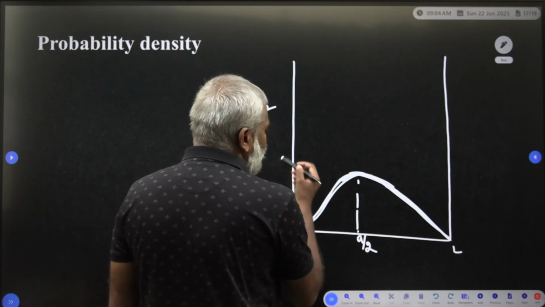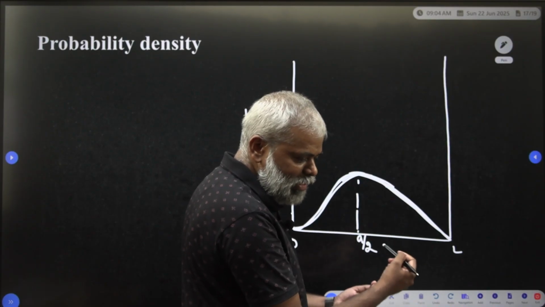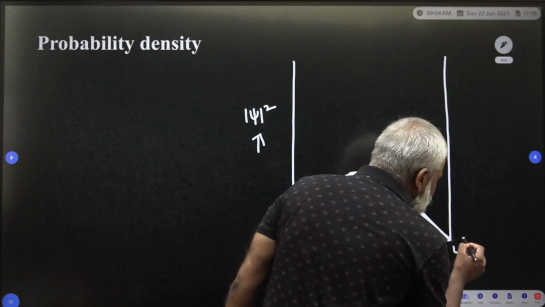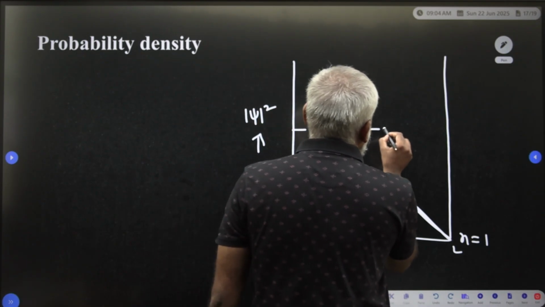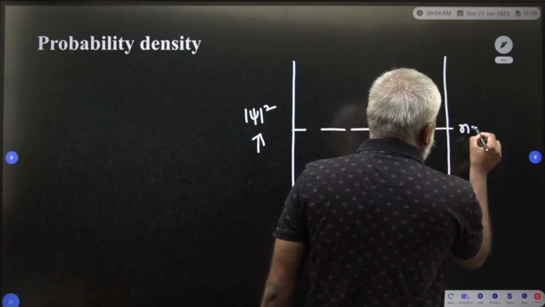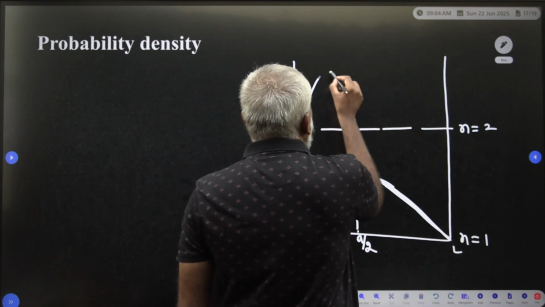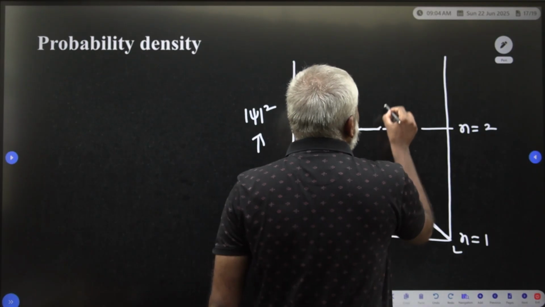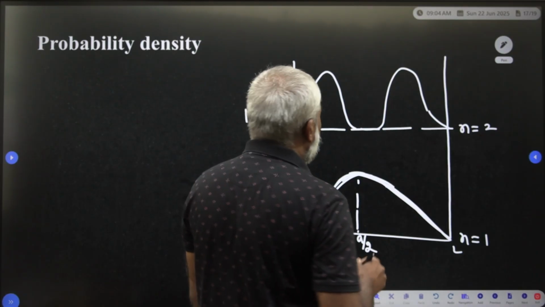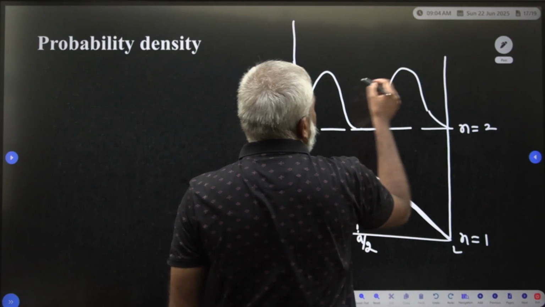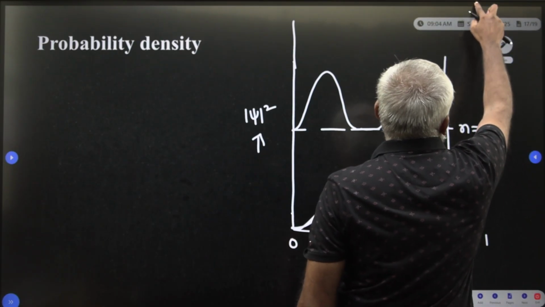Now, when n is equal to 1, you get exactly one peak value. If n is equal to 2, you get 2 peak values. Now take n is equal to 3.